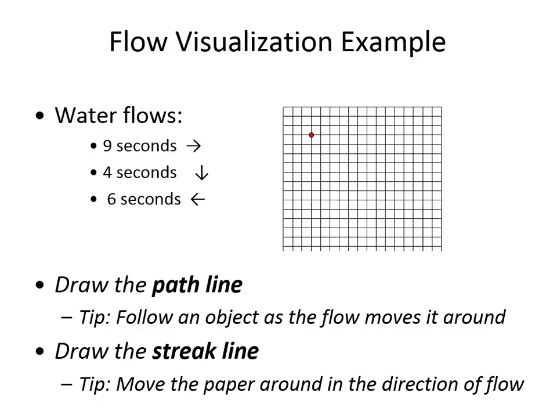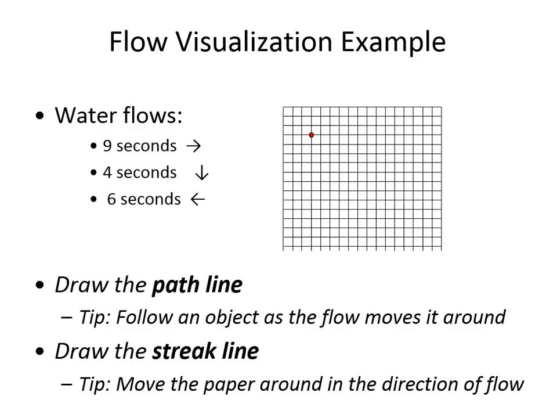Now the streak line's a little bit different. The way to draw the streak line is, remember that we assume that the point of injection is not moving. What's changing is actually the flow itself, the flow field. The flow direction is changing. So I'm going to hold my hand steady, and I'm going to move the paper in the direction that's indicated by the arrows.